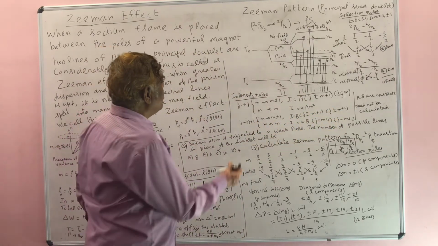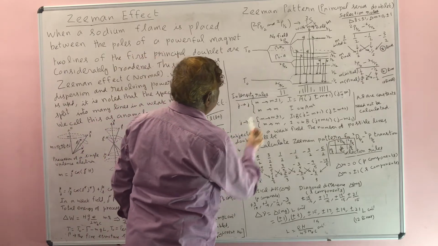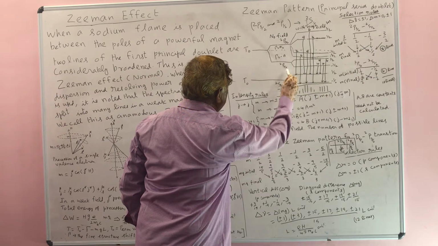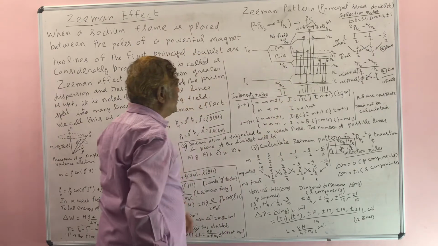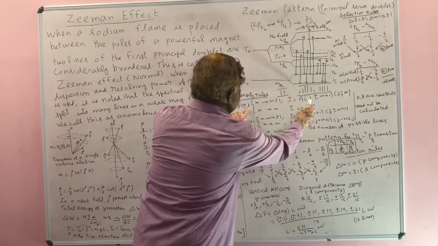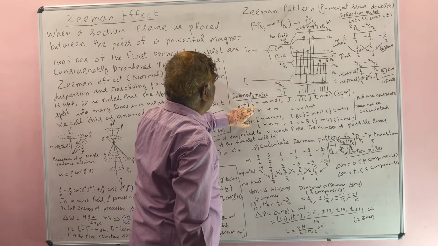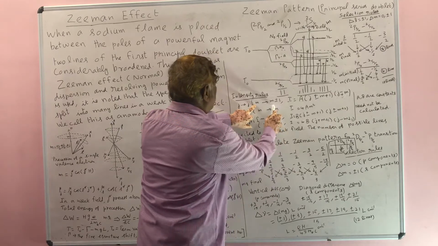So for J to J, this is J and this is J. If there is a transition from here to here, in that expression you have to use the value J equal to half, and M to M plus or minus 1.